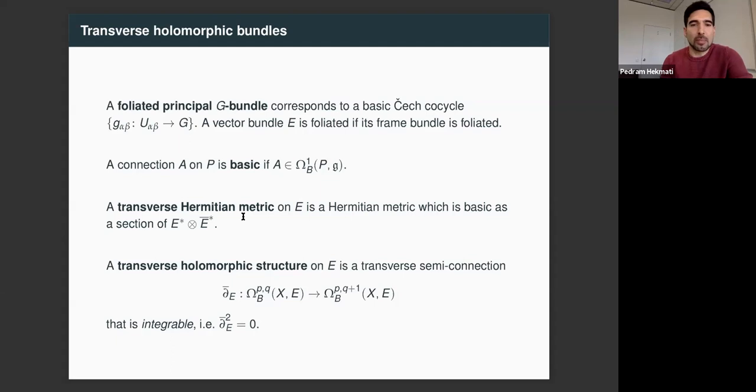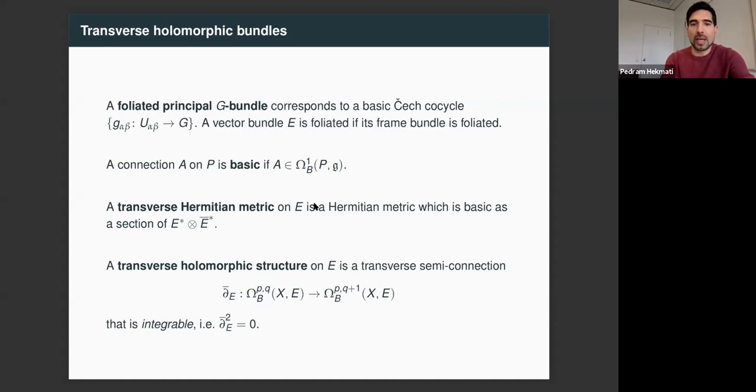We say that a foliated vector bundle has a transverse Hermitian metric if the metric, once you compose it with sections, is a basic function on the manifold. An important remark here is that there is actually an obstruction to the existence of basic connections on principal bundles. There's a secondary invariant that obstructs it.